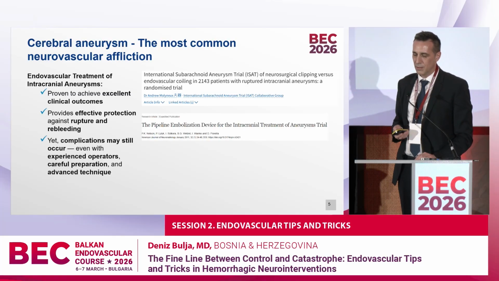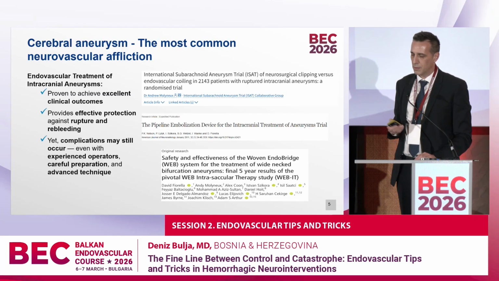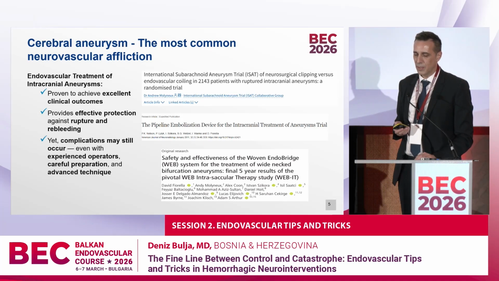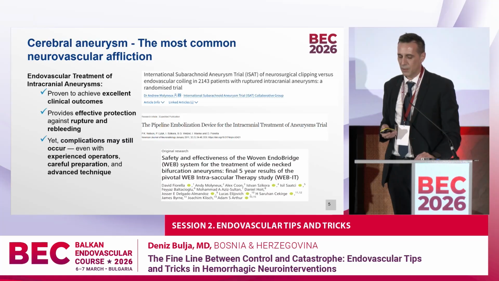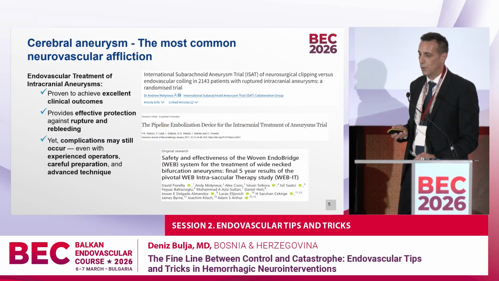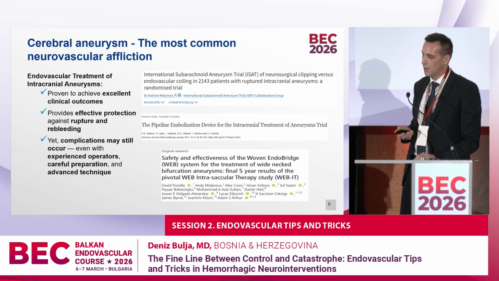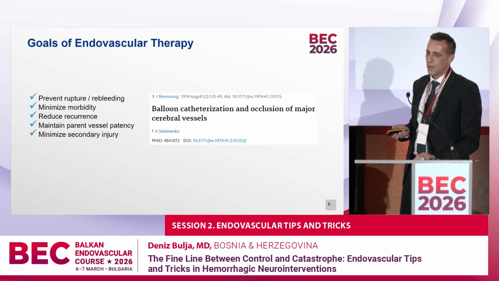There are a lot of trials, and these are the biggest ones, in regards to endovascular treatment of cerebral aneurysms in different ways: with coils, with flow diverters, with intrasaccular devices.